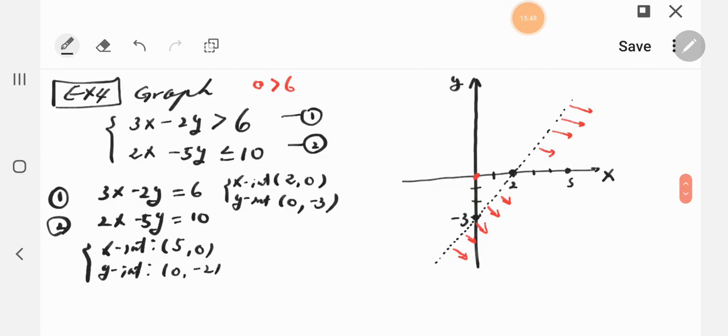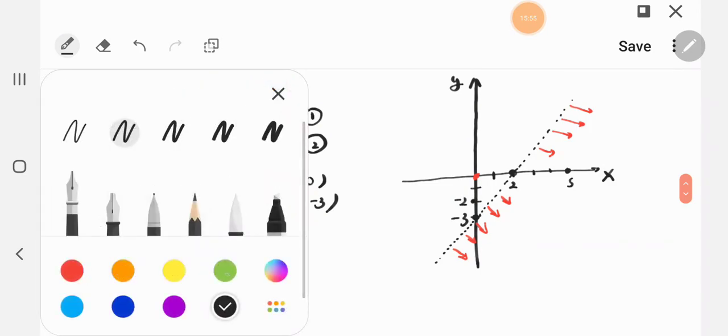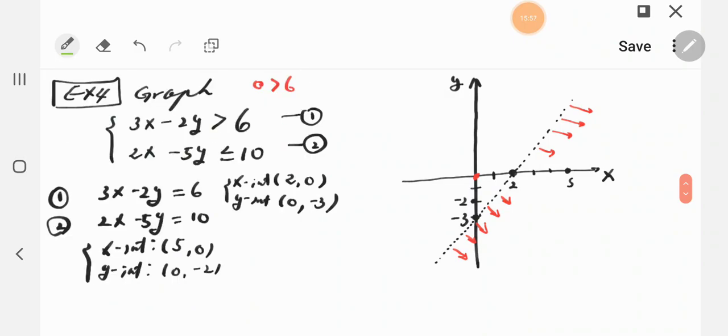The y-intercept is negative 2. Let's use a different color and connect these 2 points. There's an equal sign, so I should use a solid line.